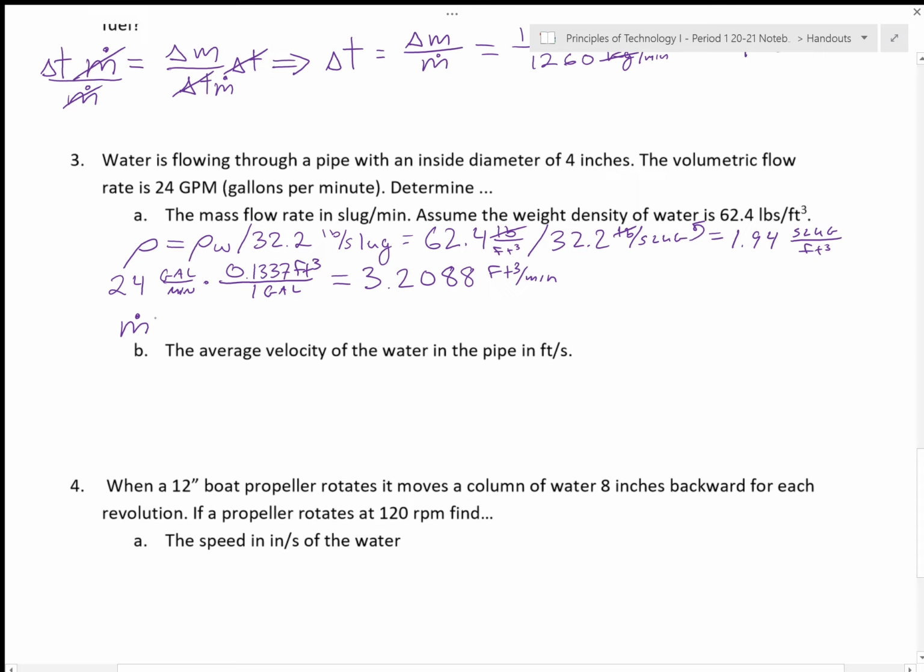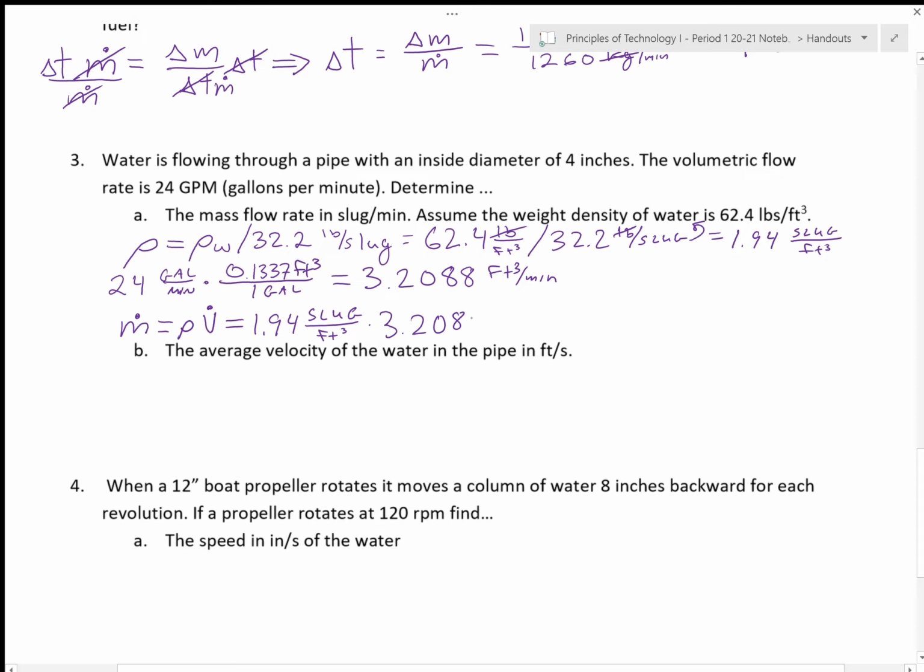Now we can use mass flow rate is equal to density times volume flow rate to solve for the mass flow rate in slugs per minute. So the density that we determined is 1.94 slugs per cubic foot.